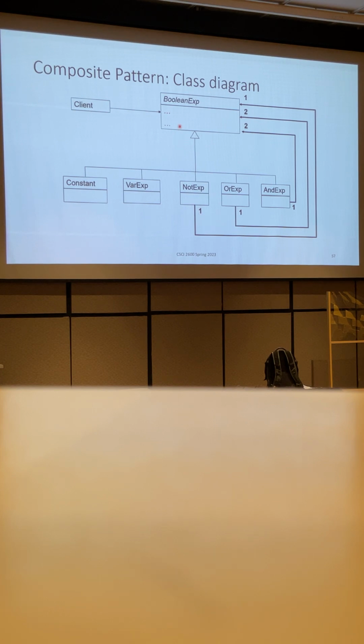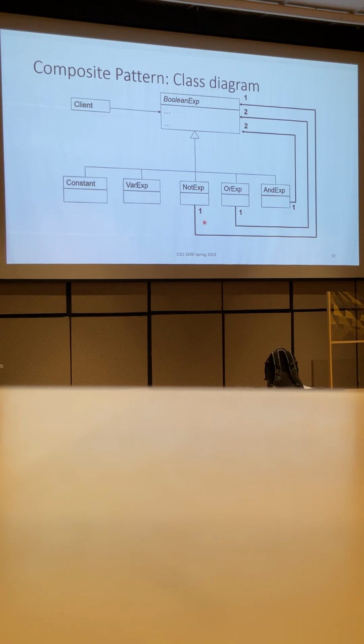Okay, so here is what our class diagram looks like. We have 5 types of expressions. Bool expression is our superclass, and the constant and variable do not have any parts that they include, but not, or, and have sub-expressions.